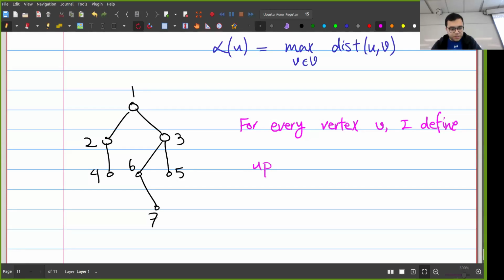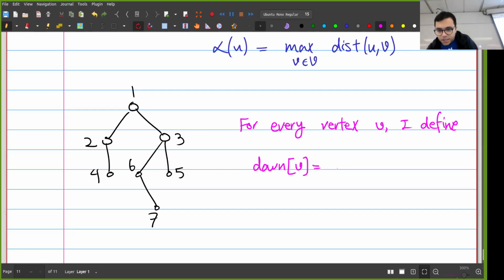So let me first do down. So down of V would be the maximum distance from V to one of its descendants. So if I only have the vertex V and everything below it, if I only have the subtree of vertex V, how far can I get from V?